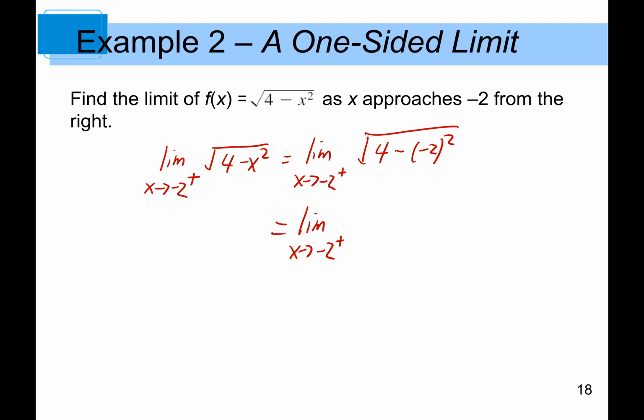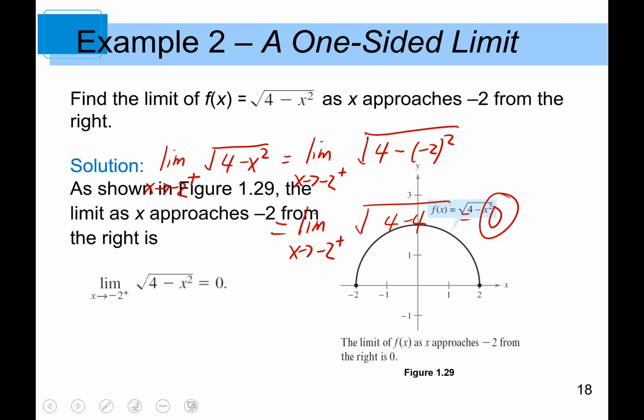So it becomes 4 minus 4, which is 0. And graphically speaking, this function is a half circle. Approaches -2 from the right hand side, go this way. The y value is getting close to 0, as shown from the graph.